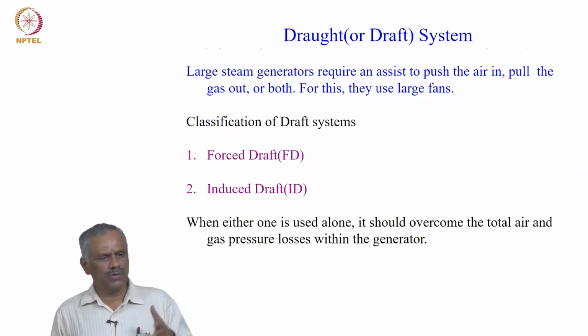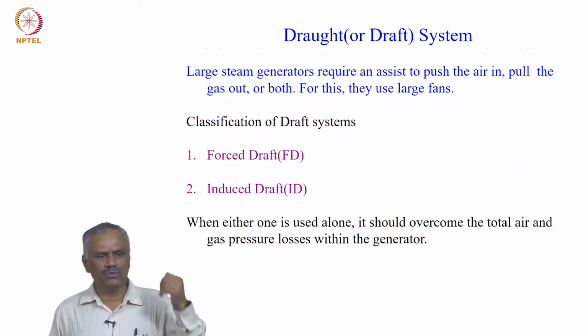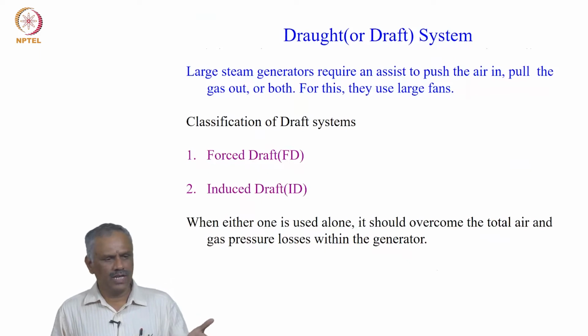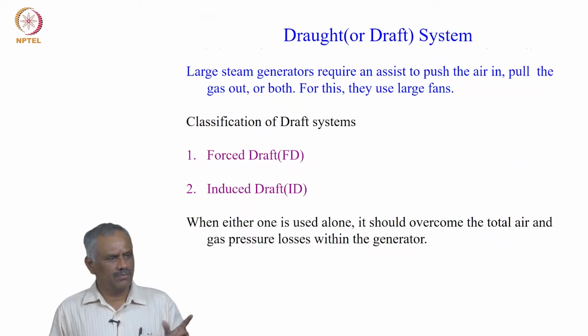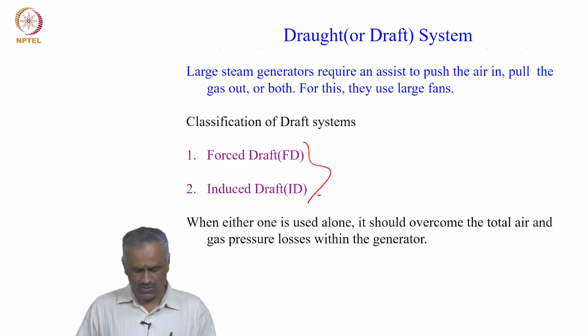If you have these two drafts, which is more important? The induced draft is important, because if you have to use only one fan, you have to remove the flue gases out. So you create suction in the furnace so that the air automatically enters. But in big plants we may have to use both forced and induced draft.